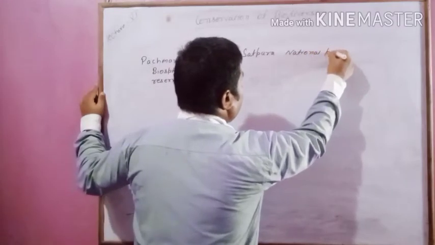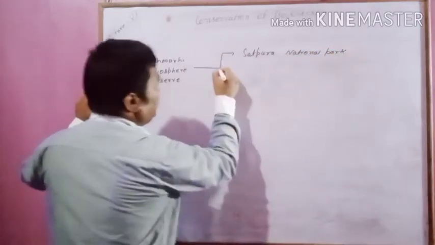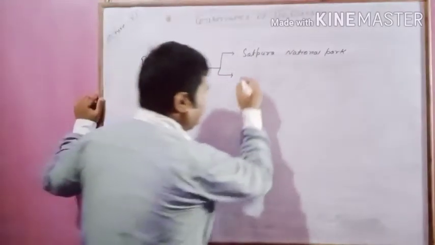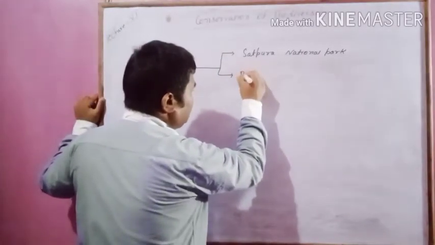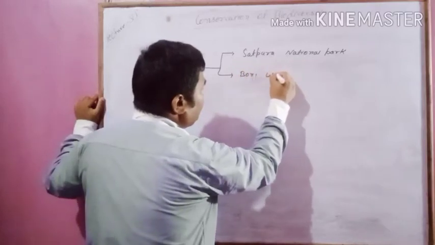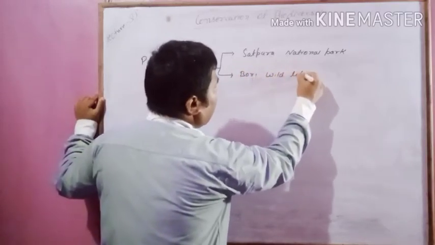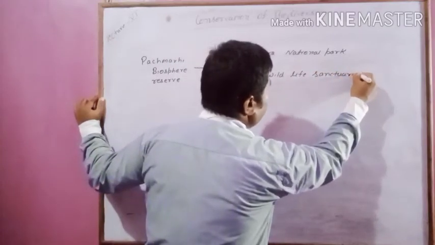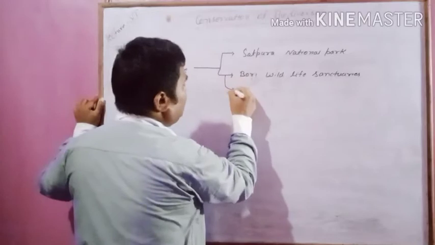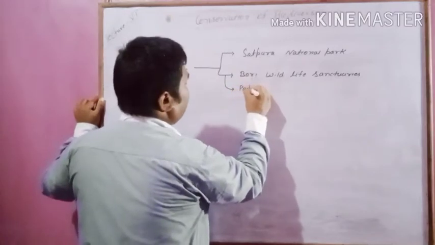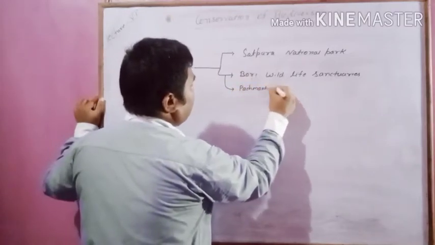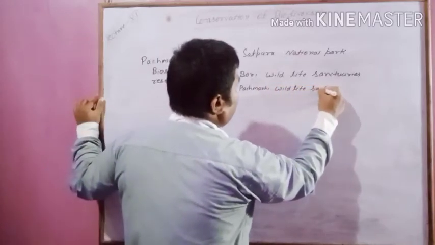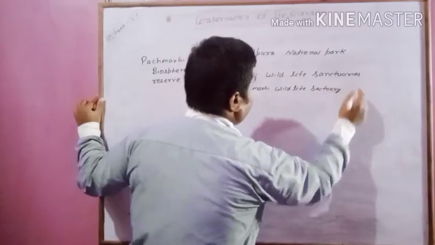National Park, and it has two wildlife sanctuaries, that is Bori wildlife sanctuary, and one more is Pachmarhi wildlife sanctuary.